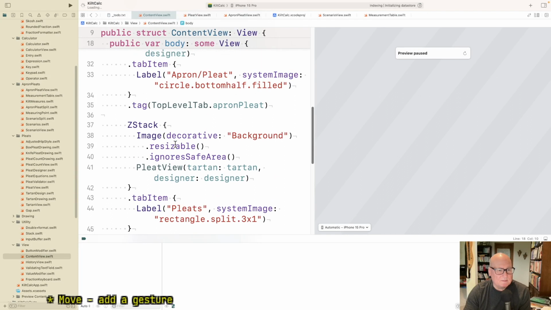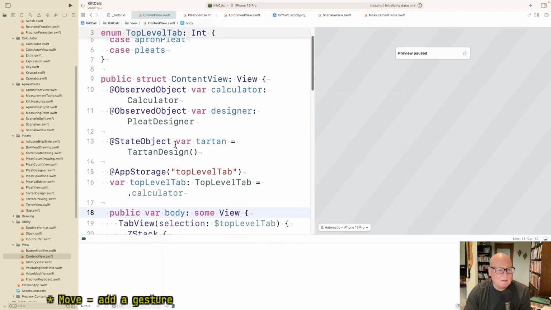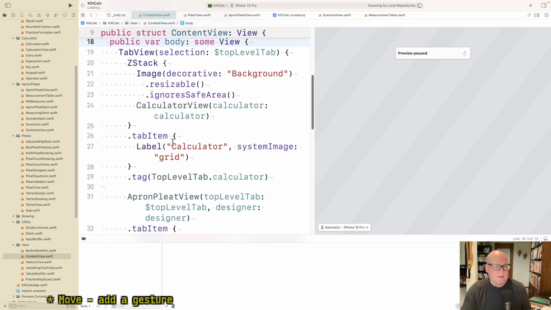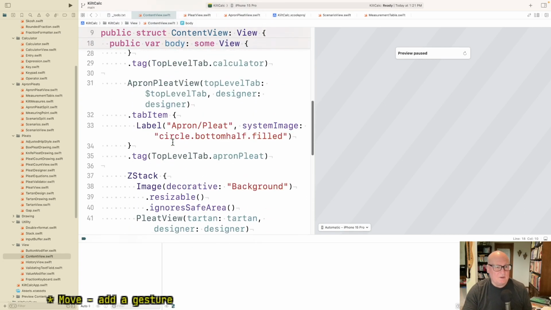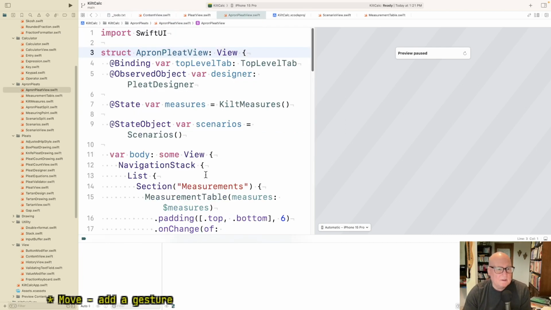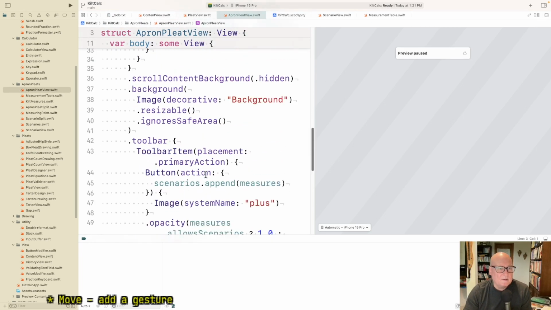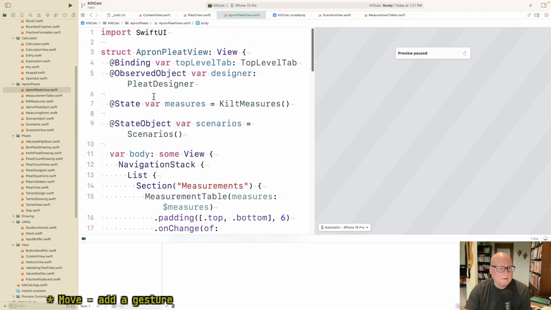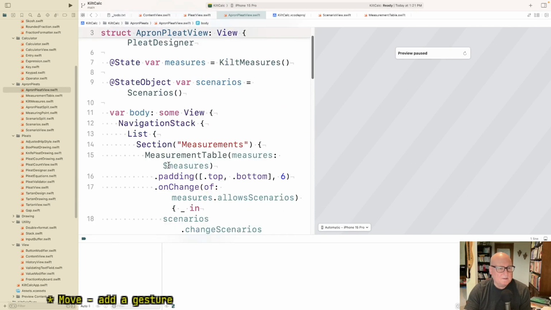Preferred. I guess we put it on each view. Background. That's on the list.